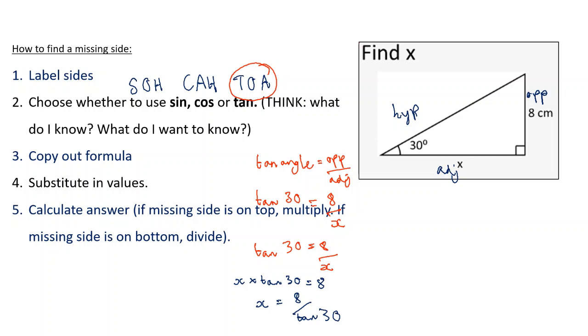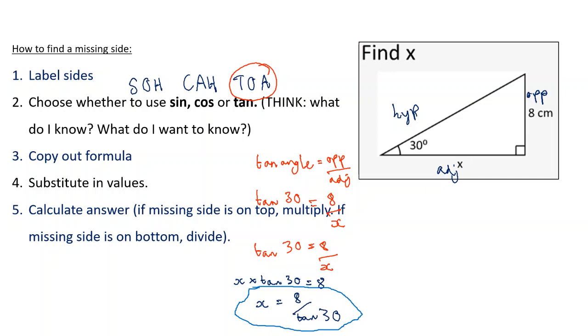Now, quick side note, you can get away with just sort of learning this rule here. The missing side on the top you times, the missing side on the bottom you divide. But this rearrangement here is the steps that are going on. So now we've got x equals 8 divided by tan 30. You simply get your calculator out and you type in 8 divided by tan 30.